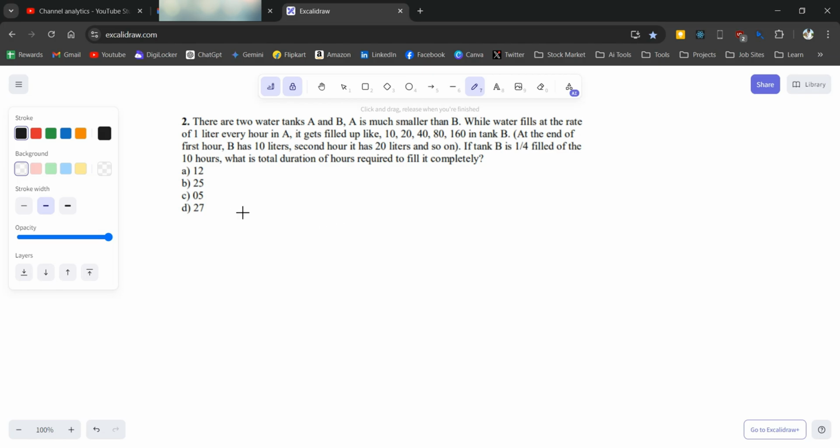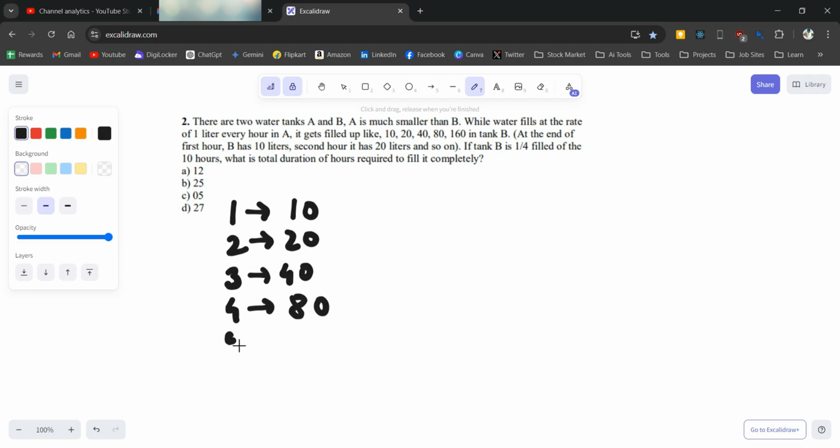So what we can do here is write it down: for the first hour, tank B fills 10 liters. For the second hour, it fills 20 liters. For the third hour, it fills 40, then 80. It keeps doubling. In the fifth hour, it becomes 160. Then in the sixth hour, it becomes 320.